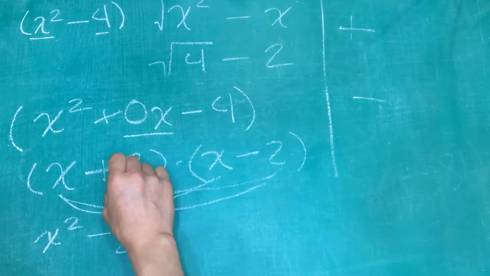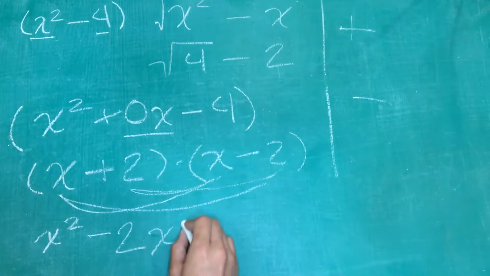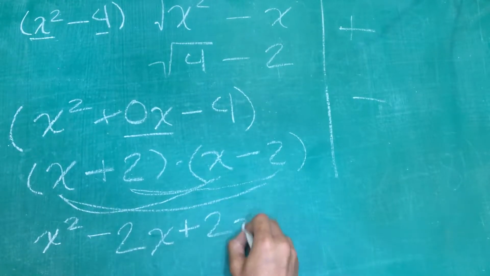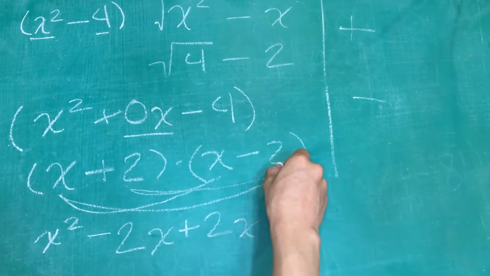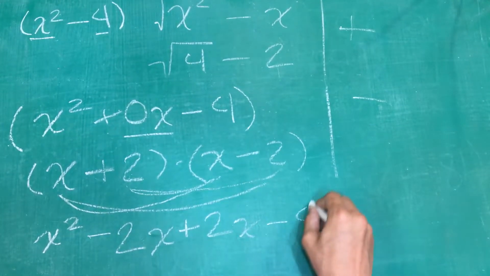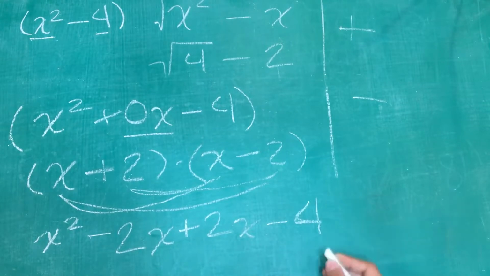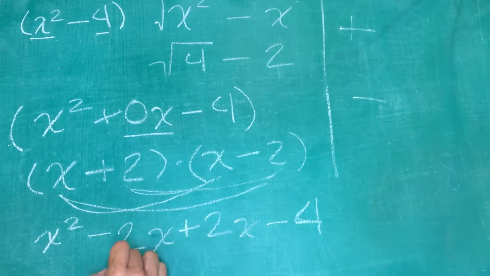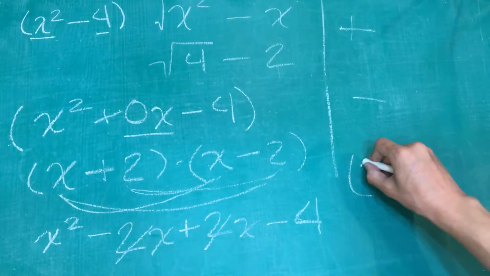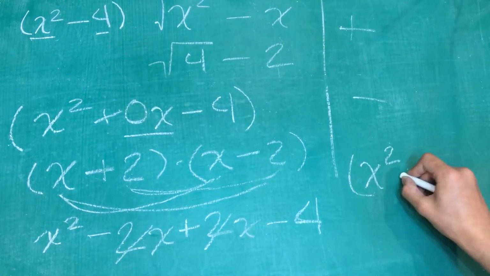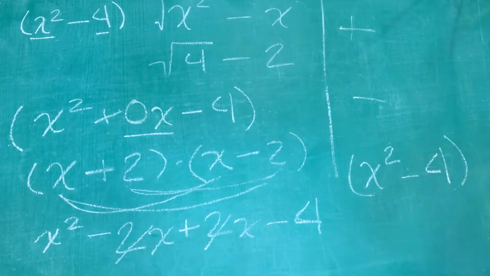If we multiply positive 2 times x, we get positive 2x. And if we multiply positive 2 times negative 2, we get a negative 4. As you can see, these two terms are going to cancel each other out, which is why for practical purposes, we write x squared minus 4.